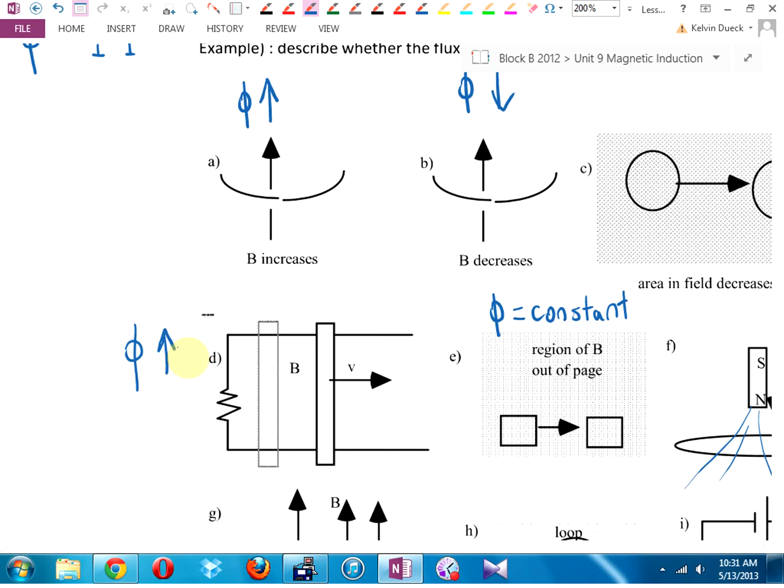This is where Faraday had that aha moment. He said, oh, there is an area in this picture. It's the area behind the rod. And if that area is getting bigger as I move the rod to the right, then my flux is increasing. If that area is getting smaller, if I was moving the rod to the left, then my flux would be decreasing. That's the area that we're talking about. That one's not that intuitive, but I've got to give him credit for spotting that.